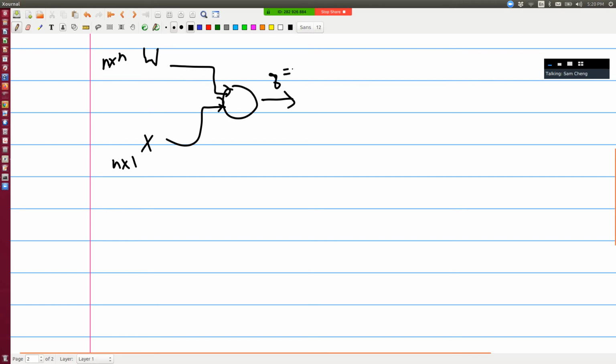I have q equal to wx, and then let's say I compute the L2 norm here, the square norm basically, of q. By the way, q is n by 1, right?